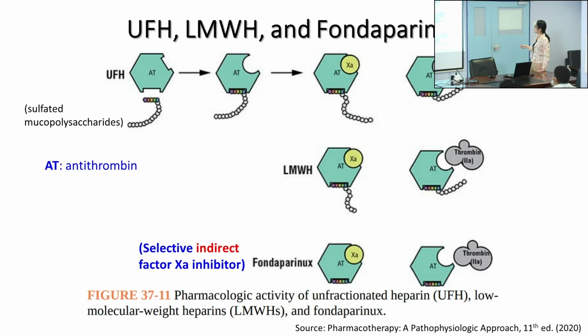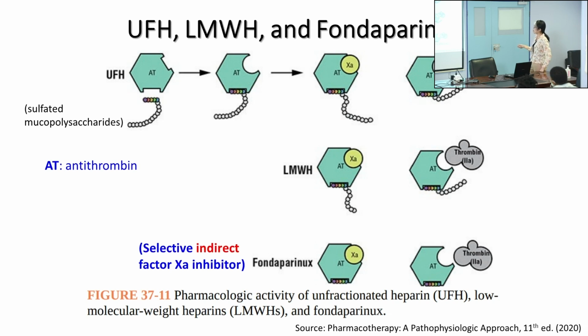But what's interesting here is that for the heparin family to interact with factor 2, the interaction will be stronger if the molecule itself also interacts directly with thrombin, factor 2. But you can see that for low molecular weight heparin, the arm is too short, so it cannot touch factor 2. So the interaction with factor 2 will be reduced.